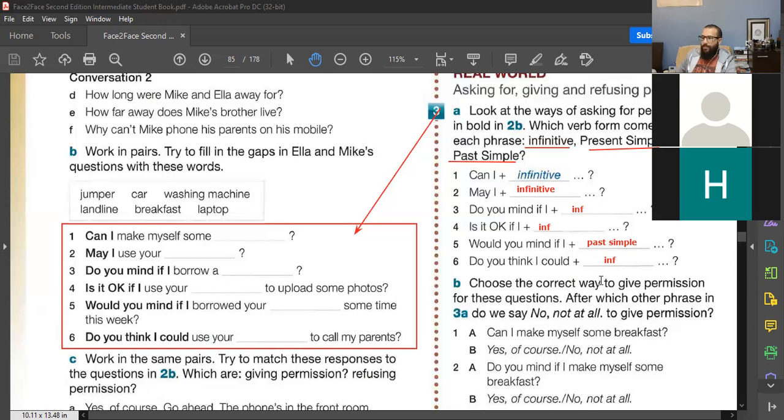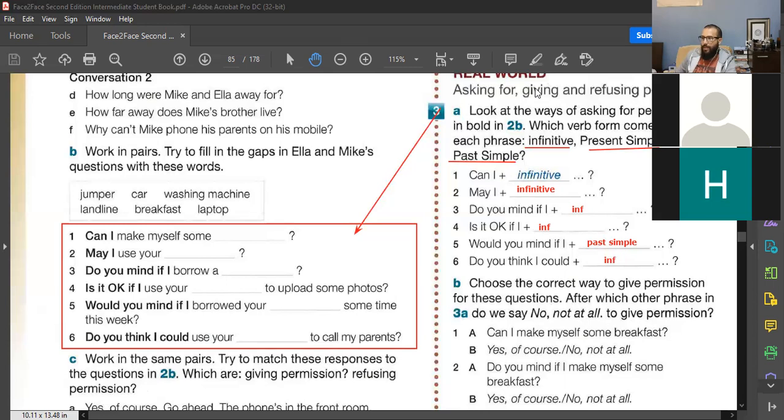Okay. So before we check the answers, let's check the second part of the question. It says here in question B, choose the correct way to give permission for these questions. After which other phrase in 3A do we say no, not at all? In this question we want to look for how to give permission. But in one of them we use no to give permission.